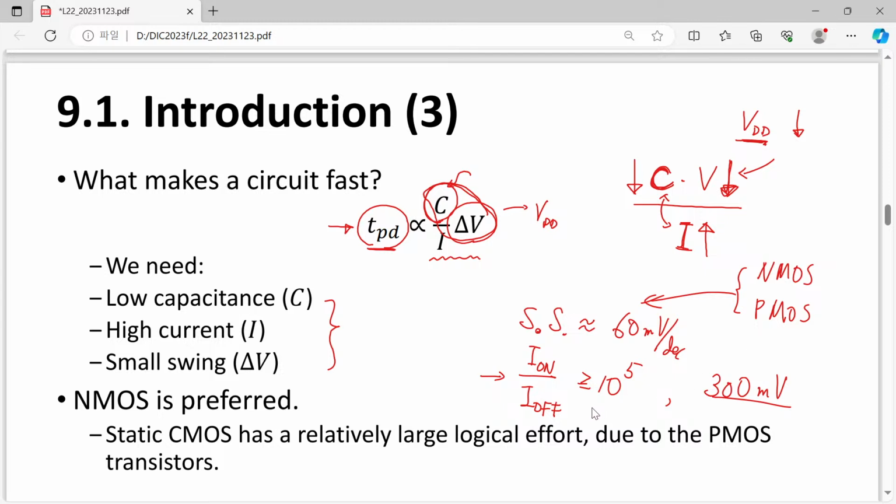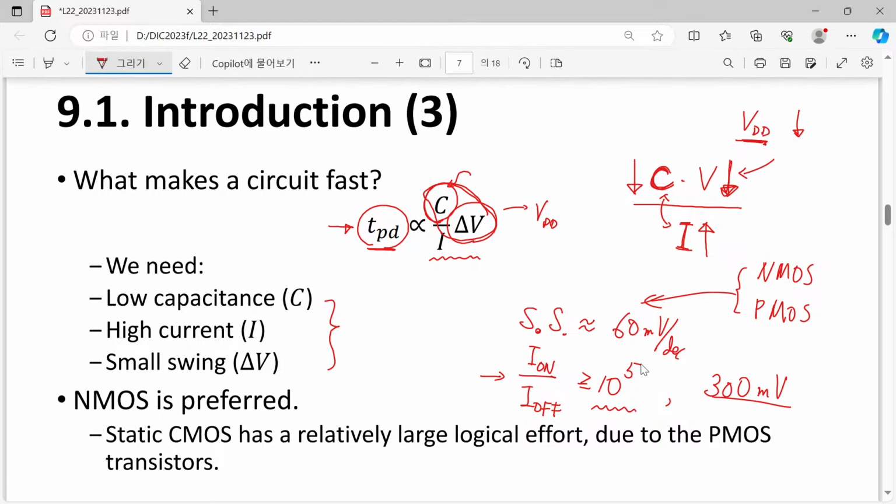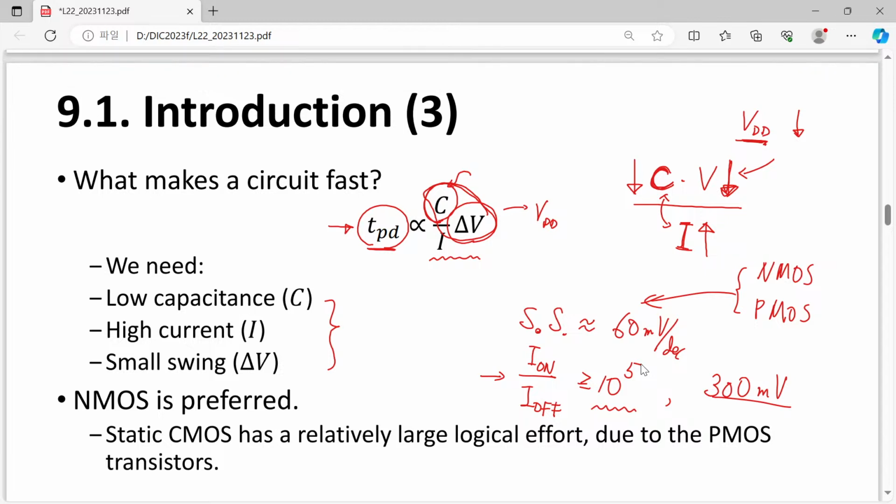And this 10 to the 5 is not an overemphasized value. It is just a conventional value for our high performance devices. Our low power devices need even more.